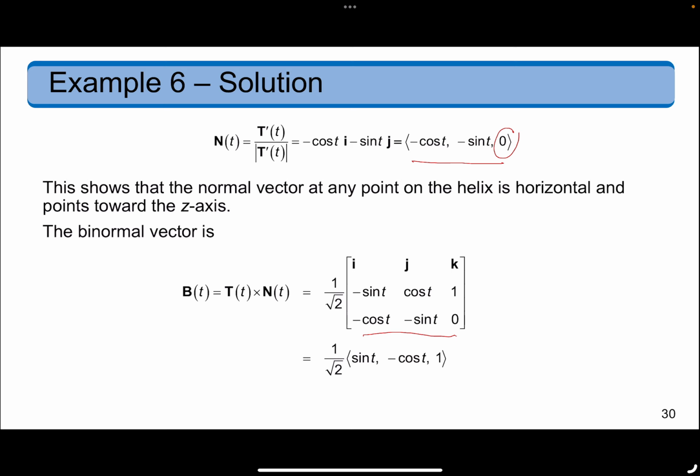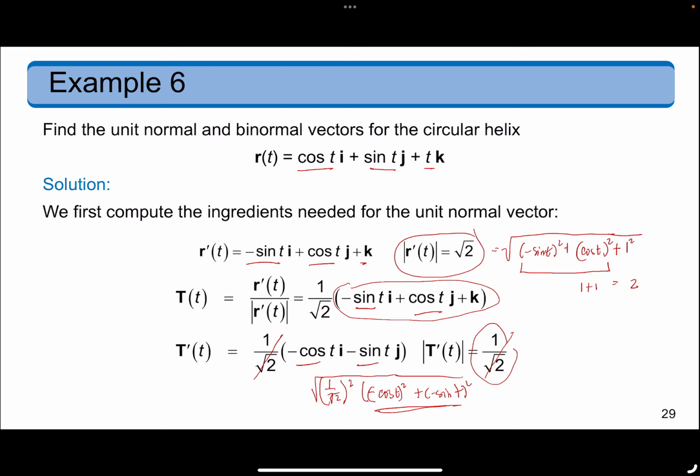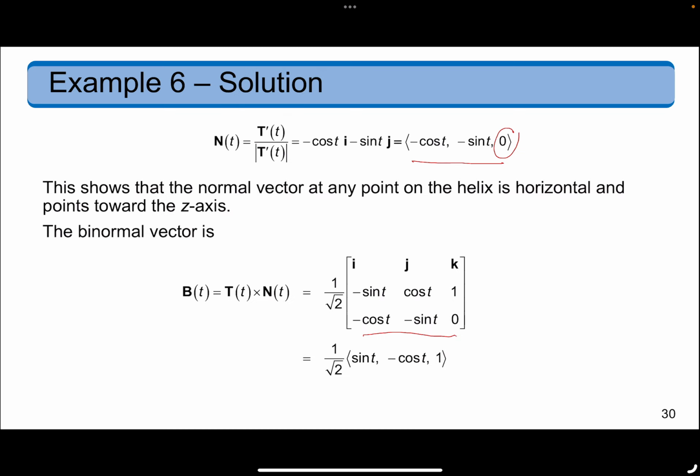So we get the cross product of this. So this is the unit tangent. So this would be 1 over square root of 2.